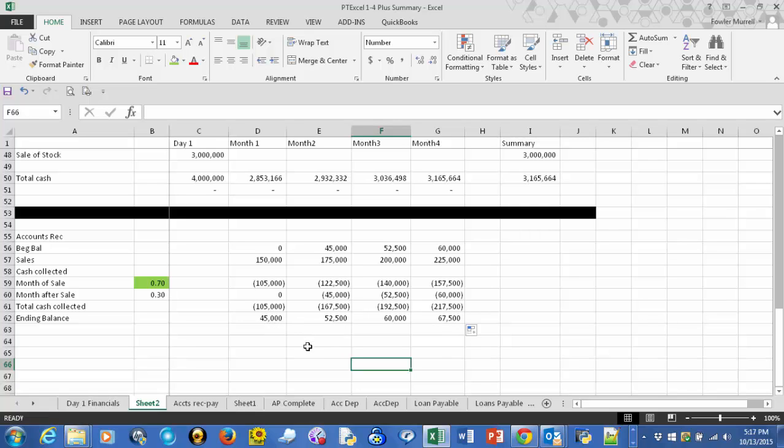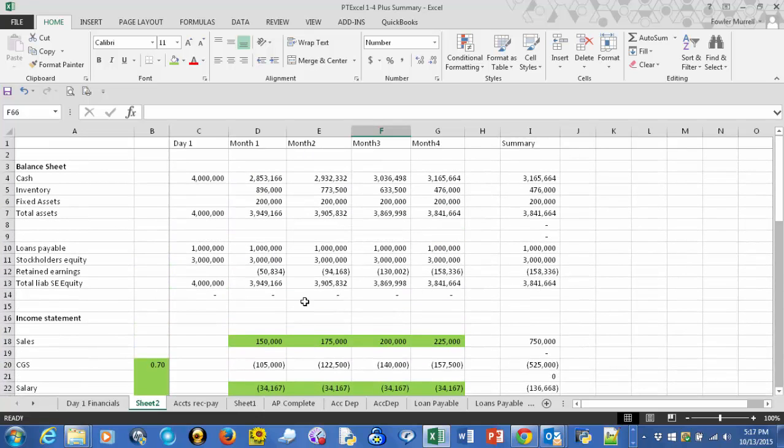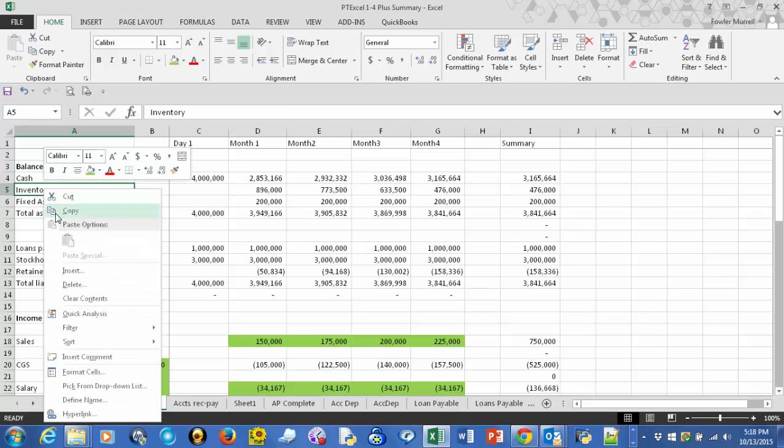Okay, so let's see if we can get those into the financial statements. Go up to the balance sheet. We need to have a row that says receivables. We do not have that. The place for it to be would be here. So we want to insert a row.